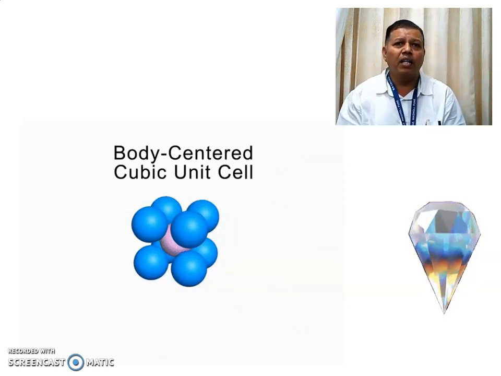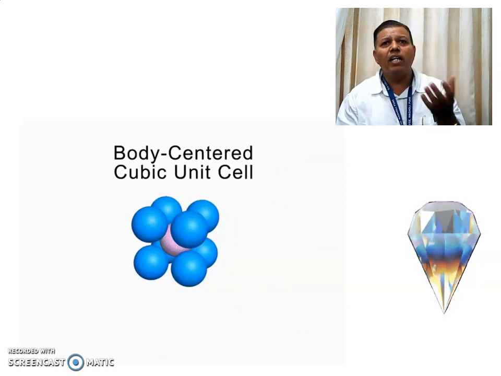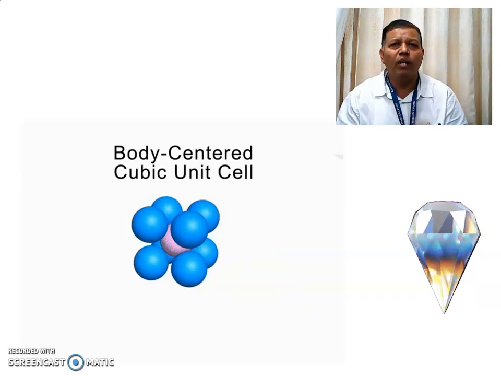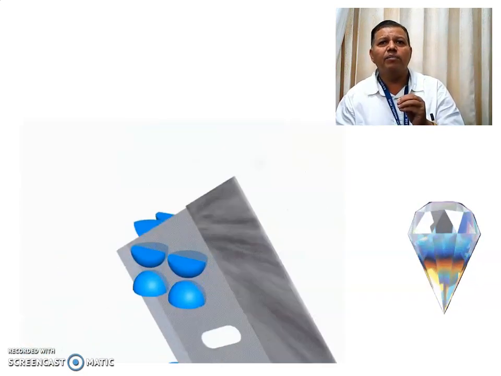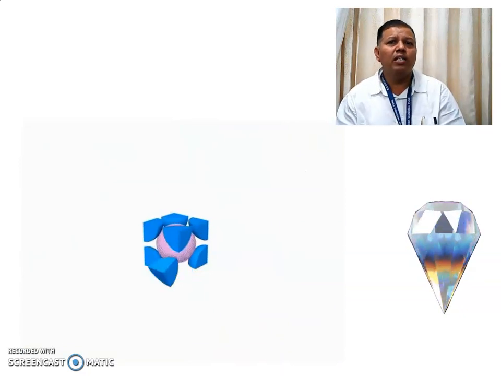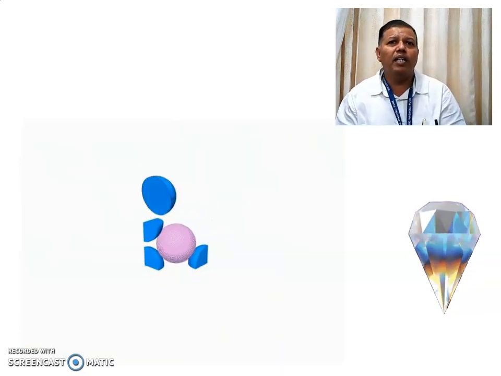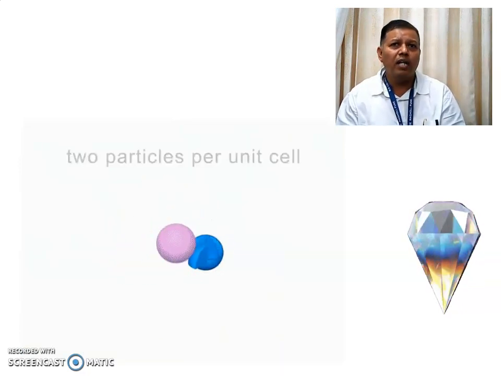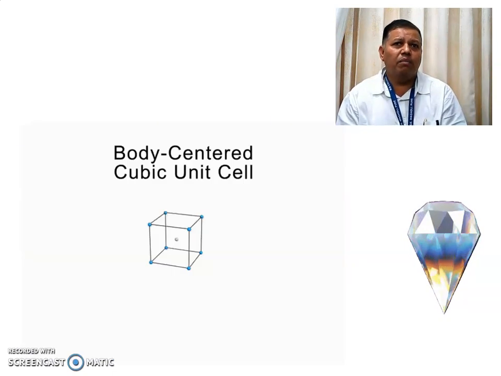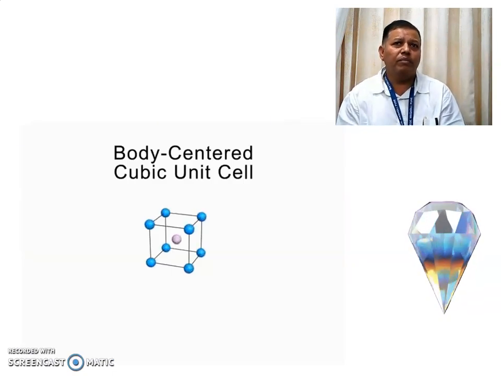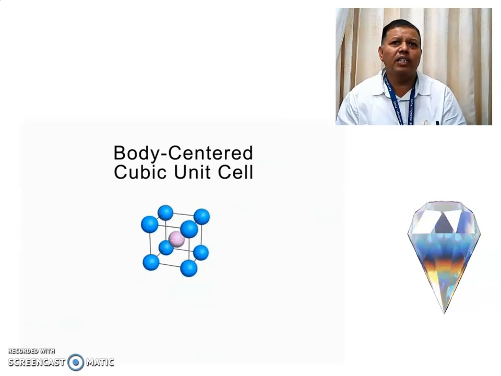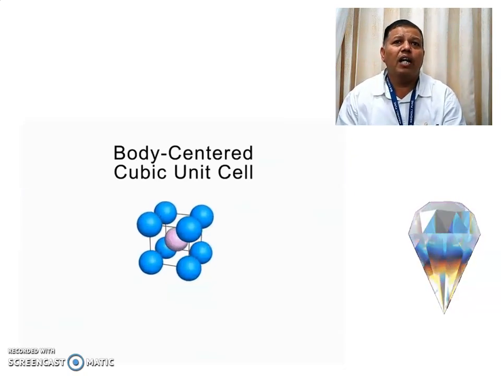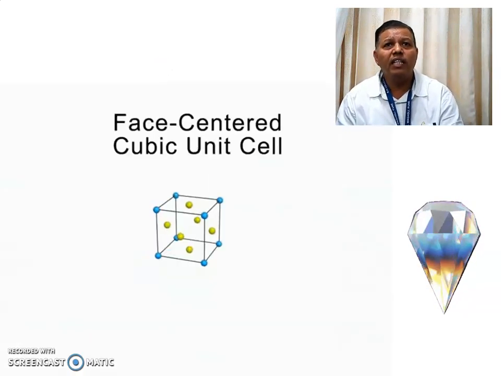The corner atom gets divided into 8 parts, with 1 part in the cube. If we count all these parts, there are only 2 atoms present in the cubic cell. So the body centered cubic cell has 2 atoms.